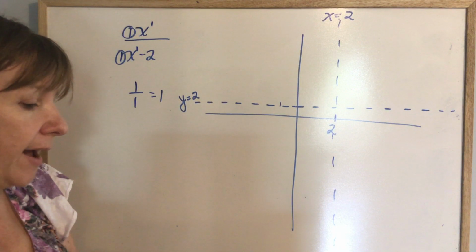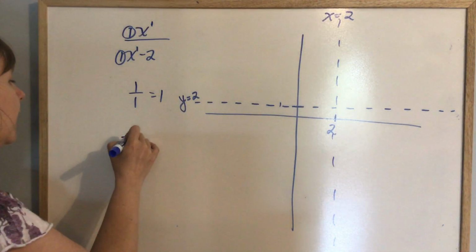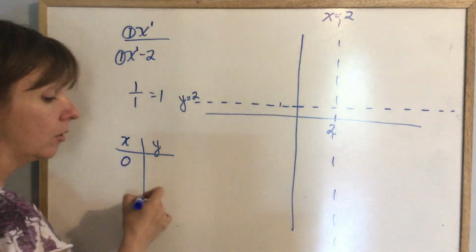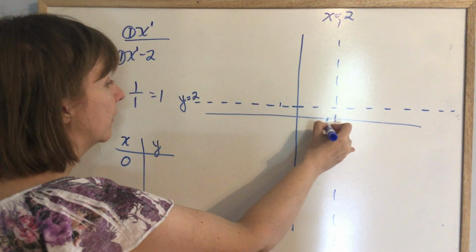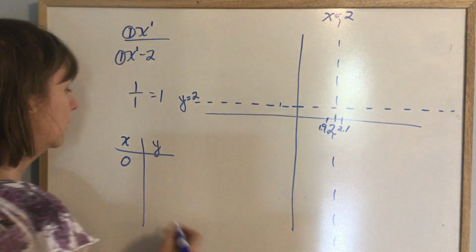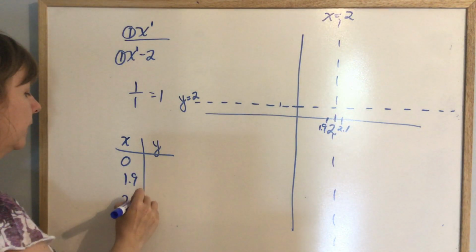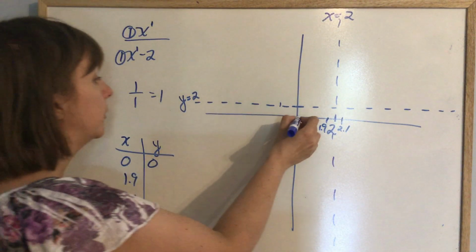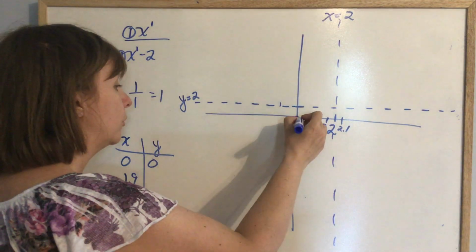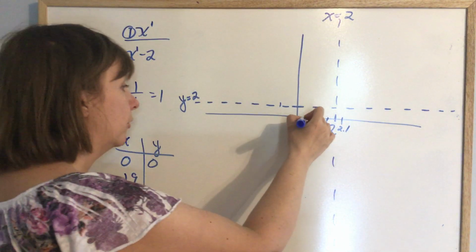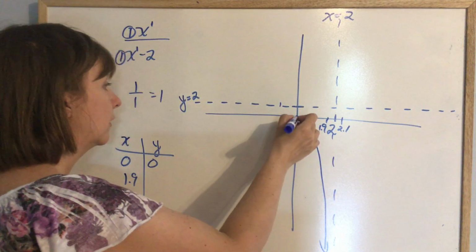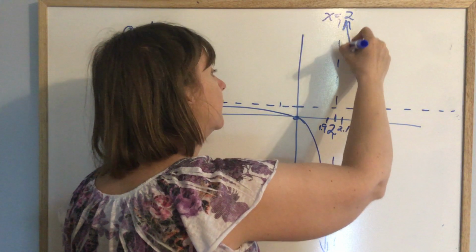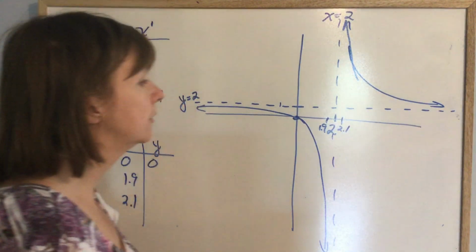Again, I would graph this by doing a table of values, and I would likely make x 0, and then I would do something on this side, say 1.9, and something on this side, say 2.1, and I would figure out what those were. 0 would be 0, and what I would find if I figured out my y values is that it's going down on this side and it's going up on this side and coming down, right?